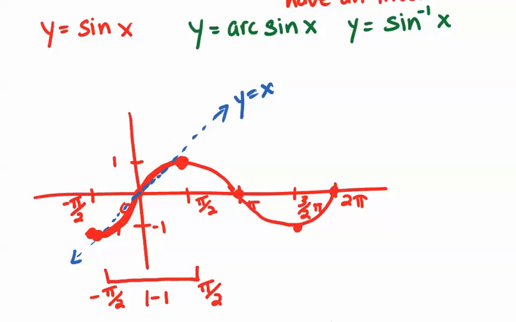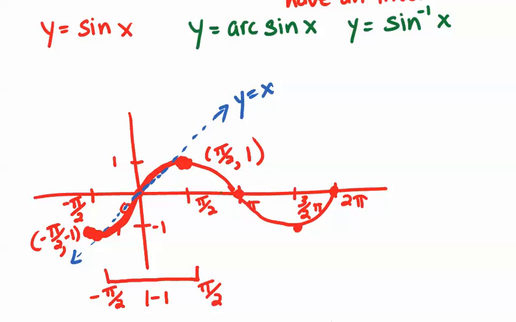So let's use what we know about functions. This point right here is at pi over 2, 1. So we know on the inverse function that the x's and the y's trade places. And we know that this endpoint is at -pi over 2, -1. So let's use those as the anchors of our inverse function.